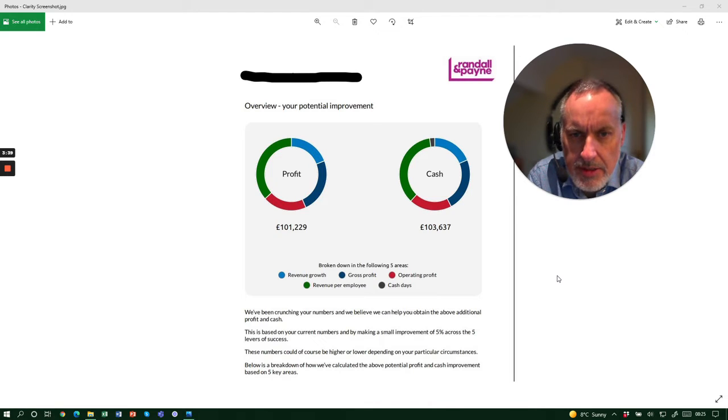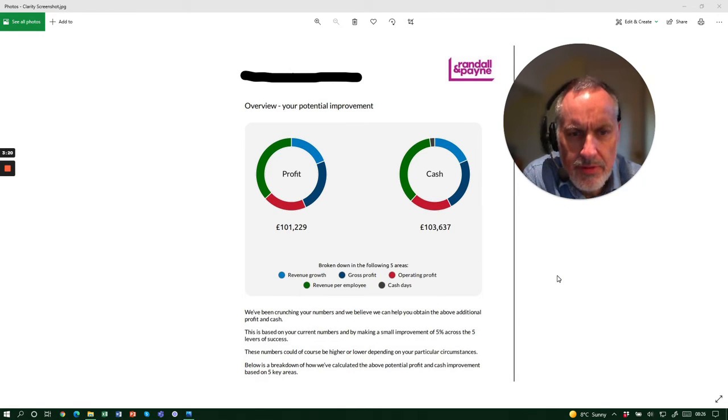So the revenue growth, improvement in gross profit, improvement in the operating profit, lifting the revenue per employee. Those 4 numbers have contributed to the profit improvement, and as I said, they've done that fairly equally.